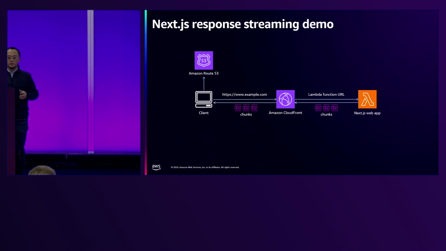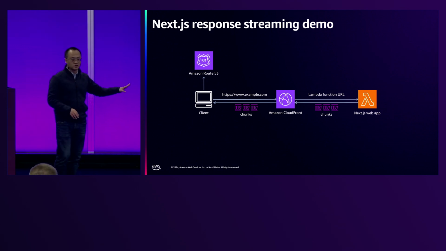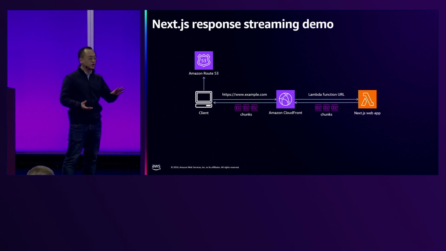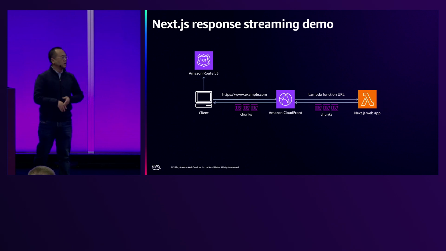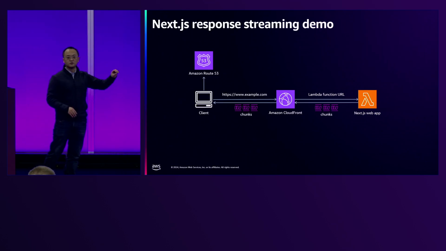So this is a very simple way to move a web application into Lambda. Of course, this is a simple architecture. Next.js has static files. You probably should put them into S3 and have CloudFront route those requests to S3. You can do more advanced things because this is just a single region deployment.